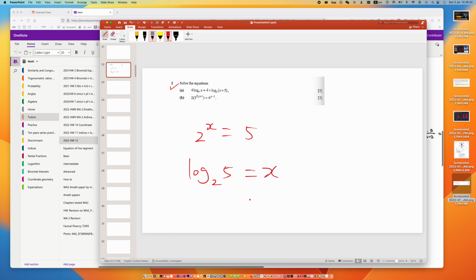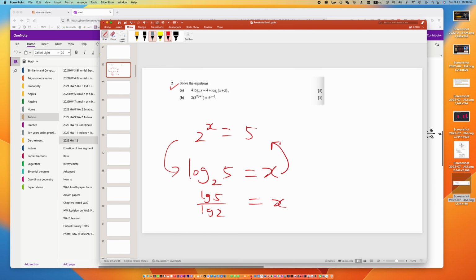So after that, how do you get the value of x? x is equal to log 5 over log 2. You just have to punch your calculator, log 5 over log 2, then you get the value of x. We have talked about how you get from indices to logarithm. You also need to know how to get from logarithm to indices.